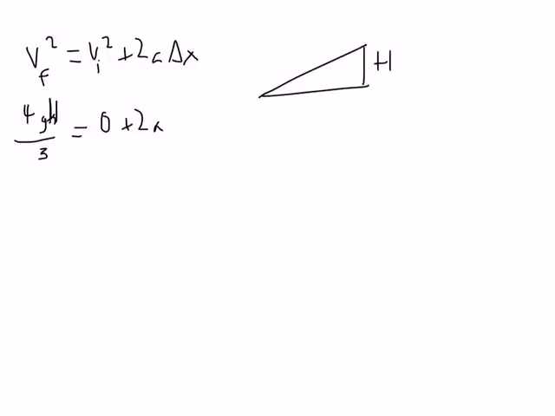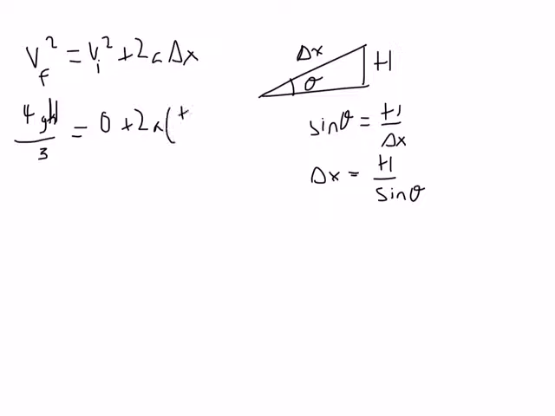So if this is h, and that's theta, then we want, I guess I'll call it delta x, that part of the triangle. That's a sine relationship, right? Sine theta is h over delta x, or delta x is h over sine theta, right? So plug that in, h over sine theta.